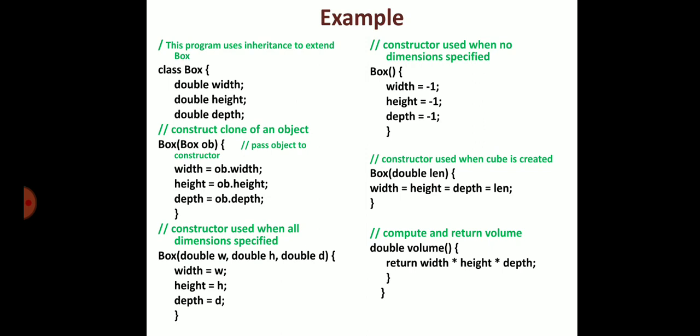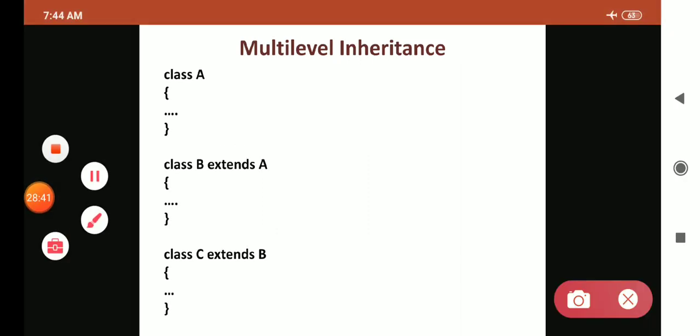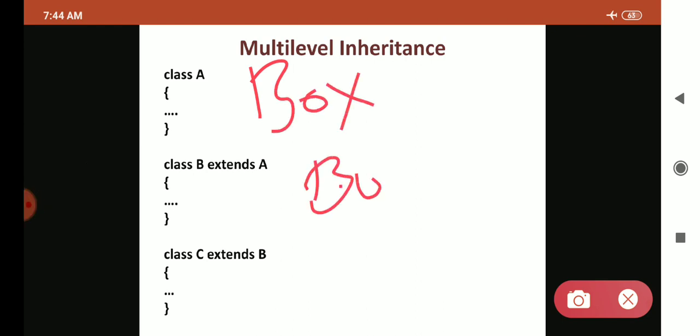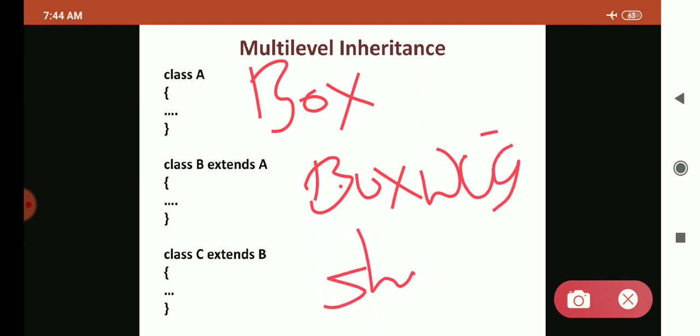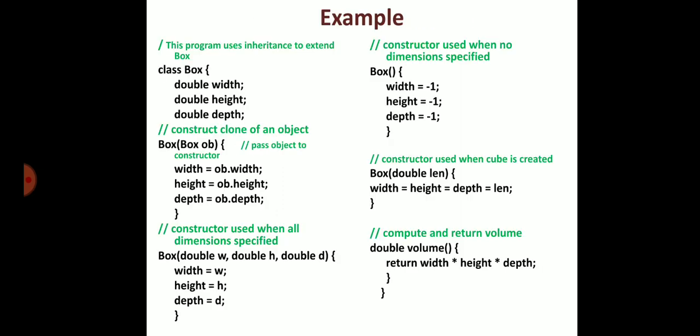Let us assume that A is Box, B is BoxWeight, and C is Shipment. So there are three classes in the next program that I am going to explain. In the previous examples we were restricted to the first two classes, Box and BoxWeight. Now we have one more level of inheritance, that is Shipment. Let us go and try to understand.